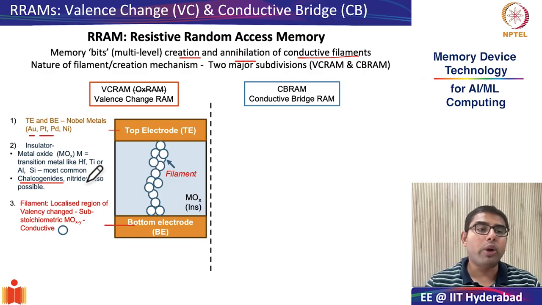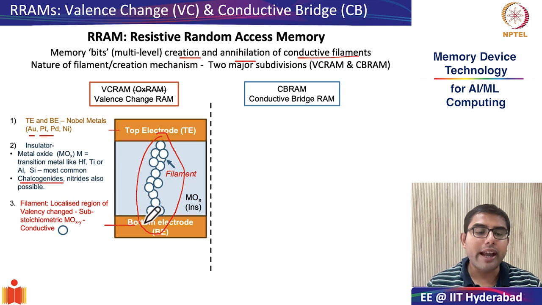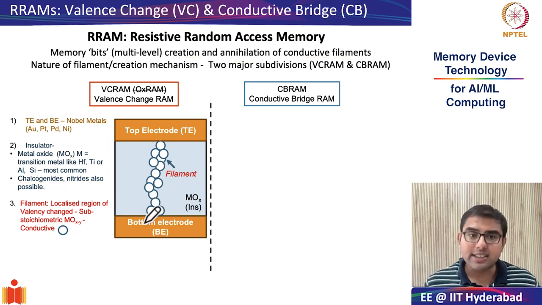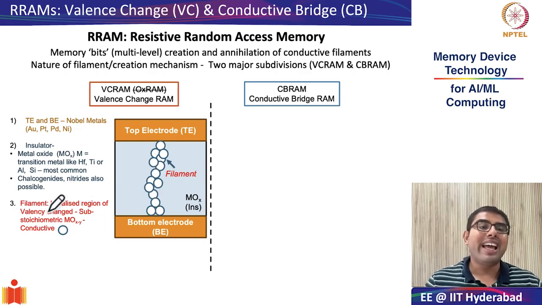Next thing that we will look at is what is the composition of this filament that connects the top and bottom electrode, which makes the system go from a high resistance state to a low resistance state. The nature of this filament is valence changed, substoichiometric in the metal oxide. These are generally oxygen vacancies in the context of an oxide film.